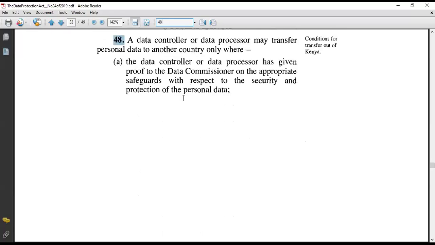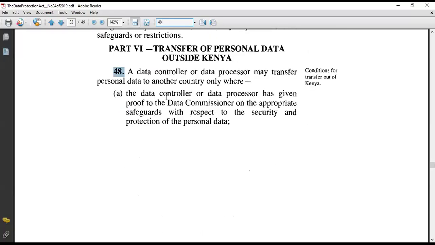Yeah. So the relevant sections are section 48 and 49 of the Data Protection Act, which I'm projecting.